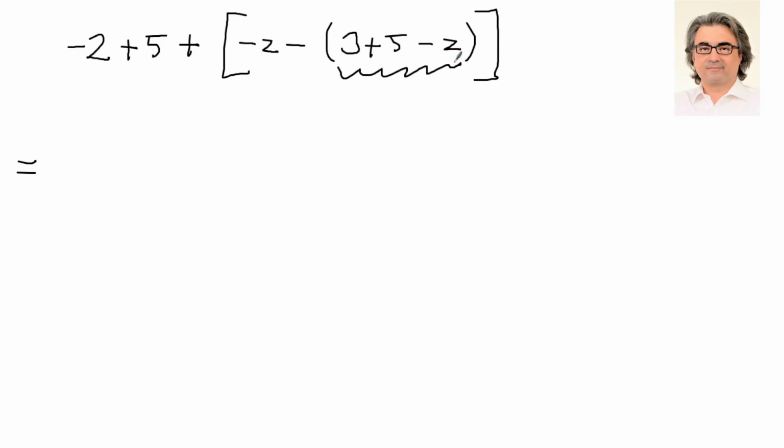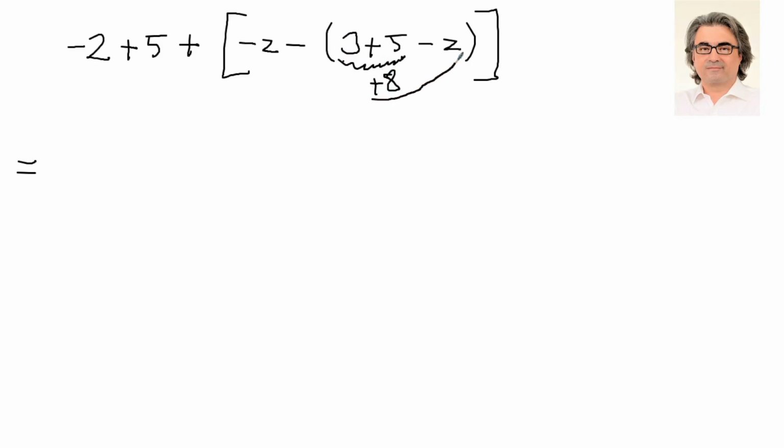Find the result of operation in the parenthesis which is inner. Now in the parenthesis I have plus 3 plus 5. The summation of them is plus 8.